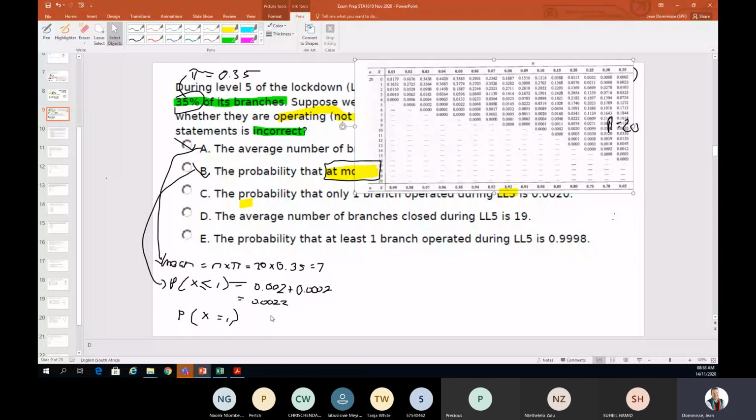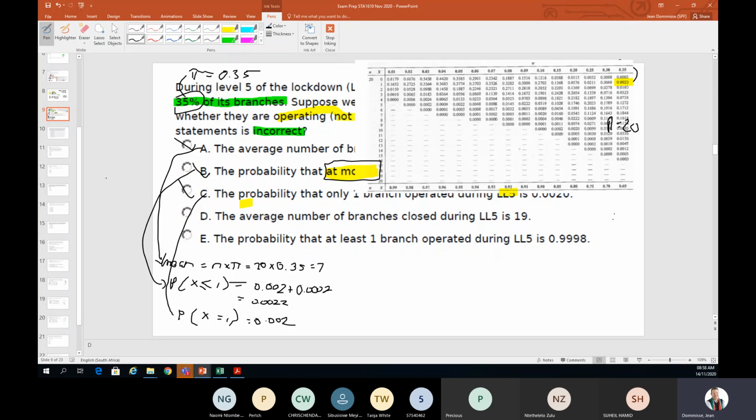So the x equal to 1 was equal to 0.002, sorry, 0.002. So that is also correct, because it is just looking at one branch. So that would have been correct as well.